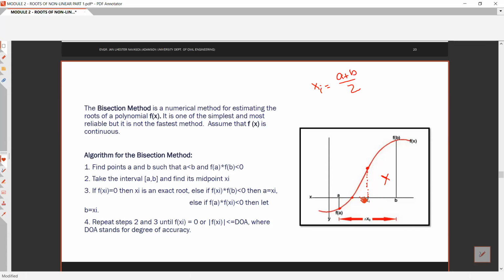Then you find the midpoint again and check again. We repeat until f of xi is almost 0 or within the DOA, the degree of accuracy, also called the tolerance. Let's say our tolerance is 1 times 10 raised to negative 4. Do you have any questions?